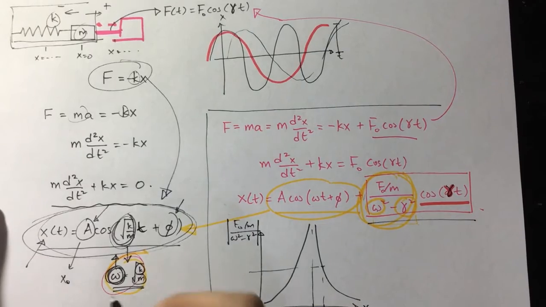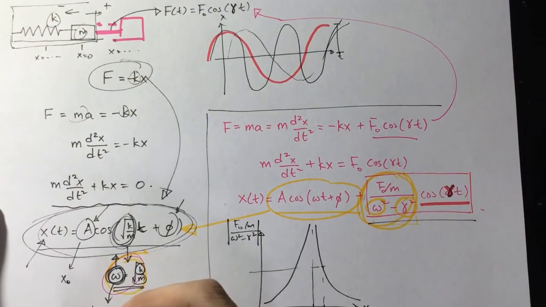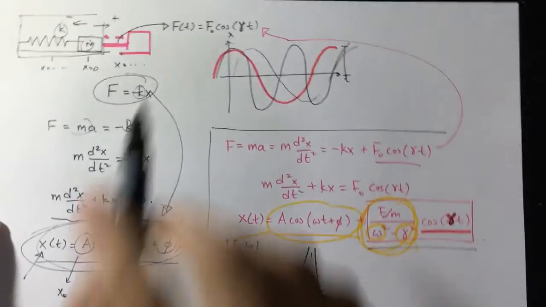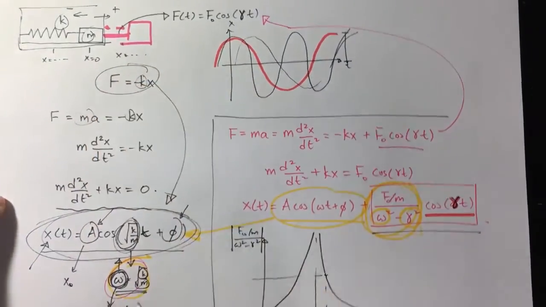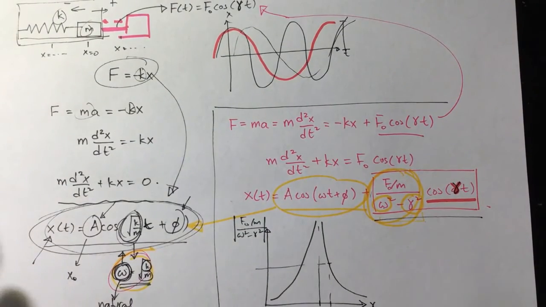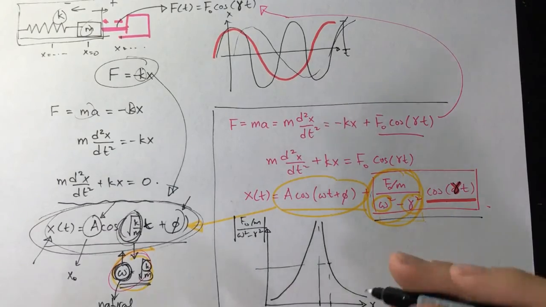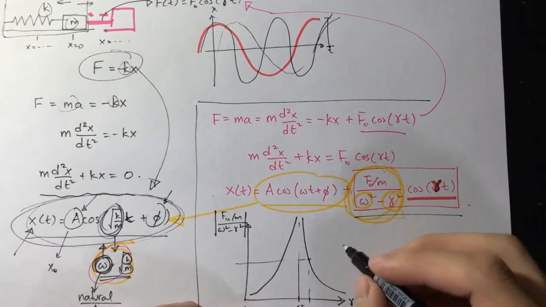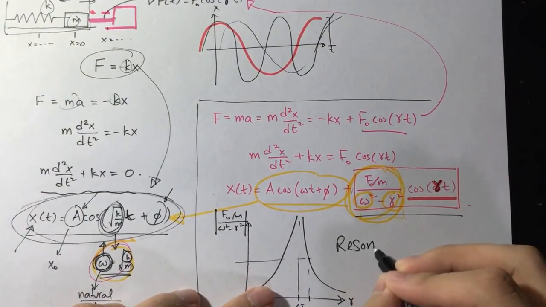A lot of people will call this the natural frequency. And if your applied force is equal to the natural frequency, you get really large swings, or really big oscillations. And this is something that you might have heard of called resonance.